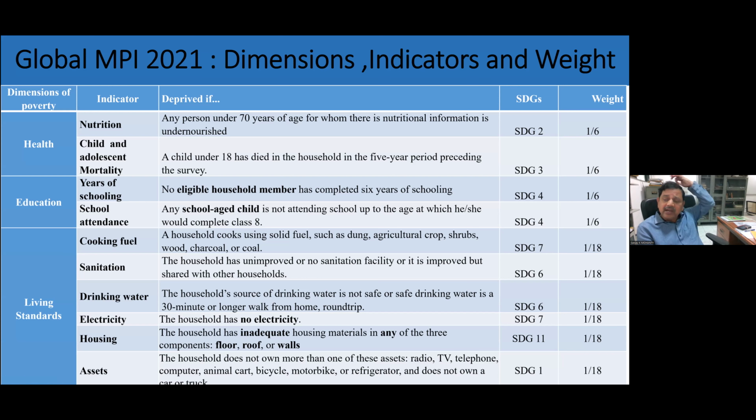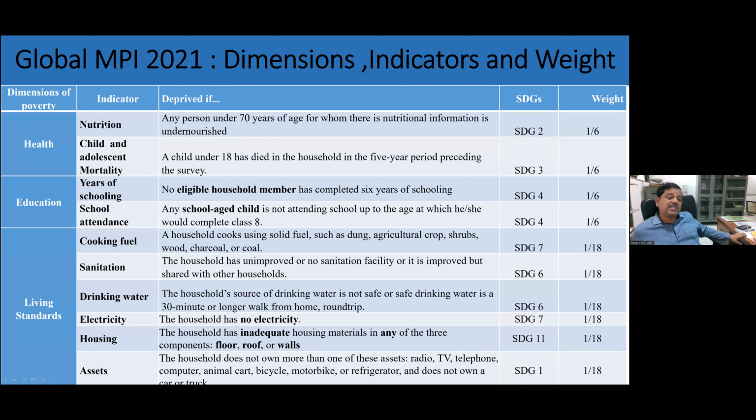Now, for example, the indicator used for health uses two components. One component is for nutrition, and the other component is for child and adolescent mortality.